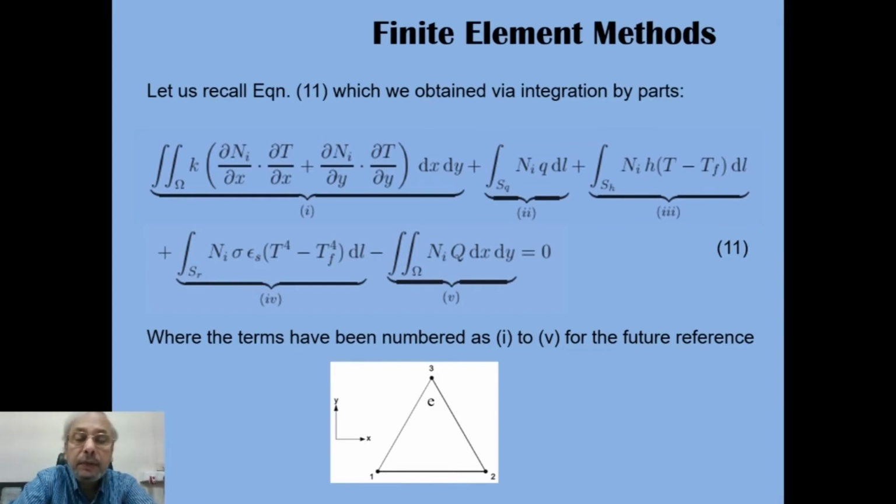In equation 11, these terms which are identified as 1, 2, 3, 4 and 5, we will remember for our future reference, because we have to evaluate all these integrals individually.